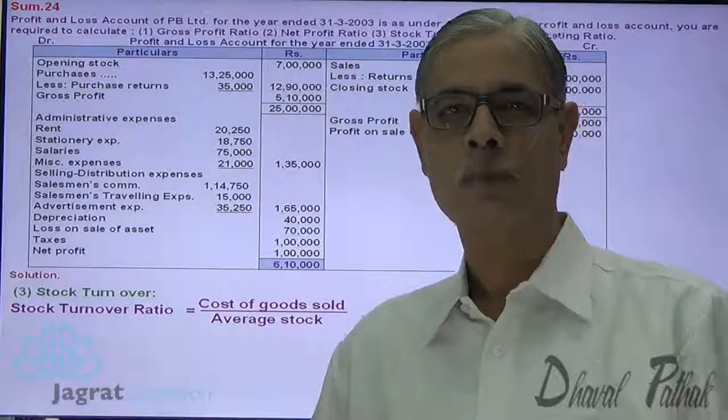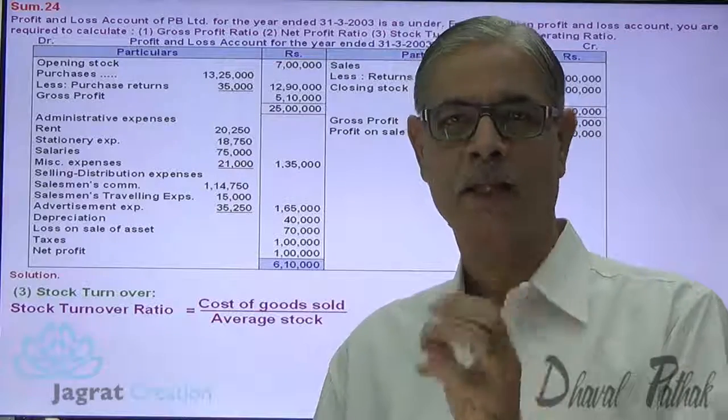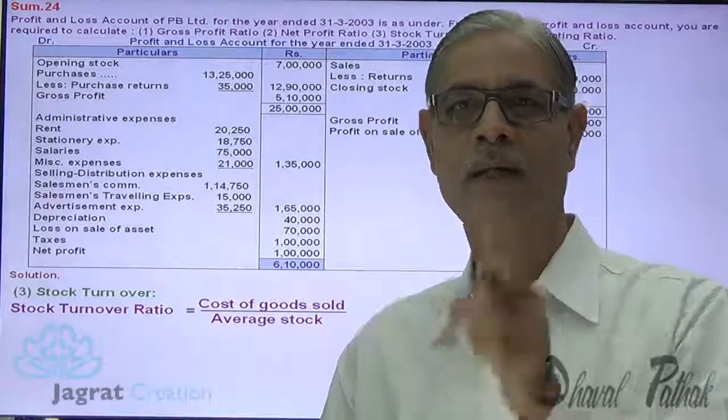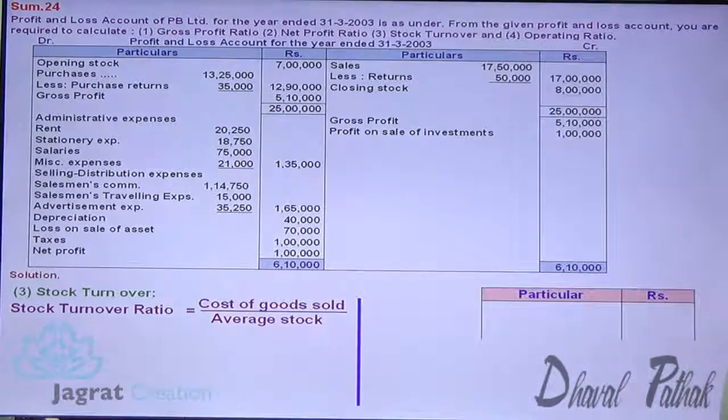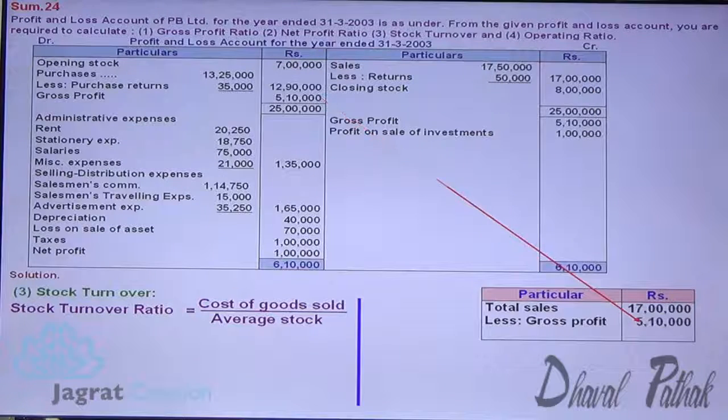So here I am going to work out cost of goods sold by taking the formula sales minus gross profit. So sales 17 lakhs minus gross profit, I get the cost of goods sold 11 lakh 90,000.